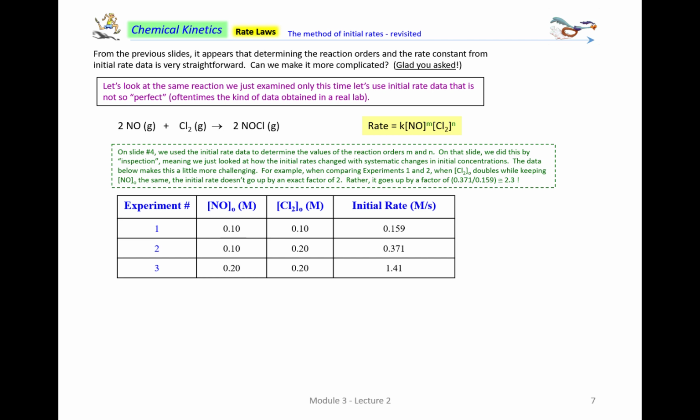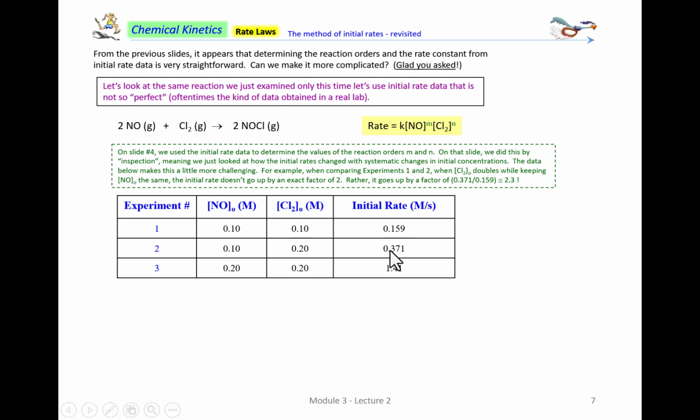For example, let's suppose we want to compare experiments 1 and 2, where the chlorine concentration doubles and the NO concentration stays the same, just as in the previous table. Well, let's suppose the initial rate measured for experiment 1 was 0.159 and the experimental initial rate for experiment 2 was 0.371.